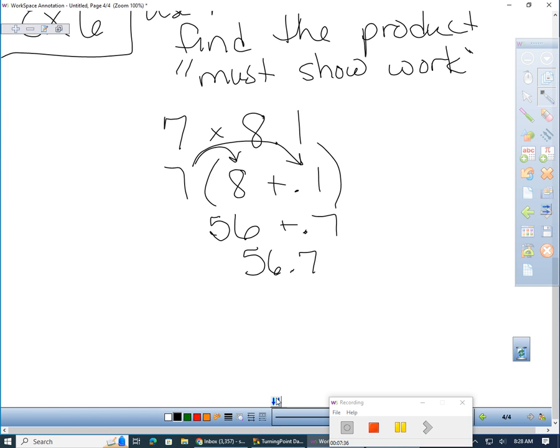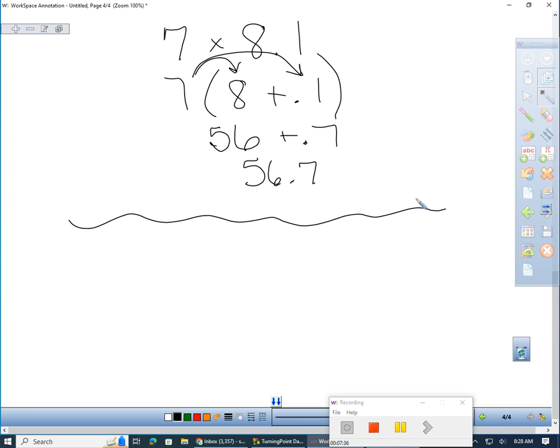Let's do one subtraction one. Let's say I have 4 times 3.7. We can do 3 and 0.7, but 3.7 is actually closer to what? 4.